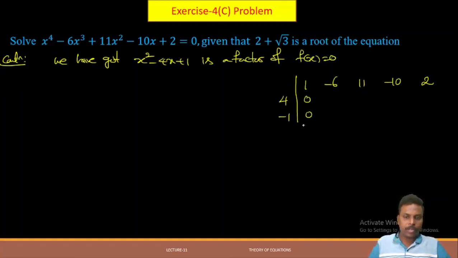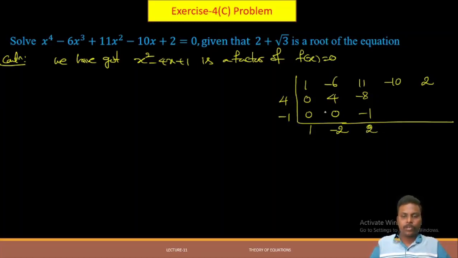So 0 and 0 here. So this becomes 1. 4 into 1 is 4 and still it is 0. So this is minus 2. 4 into minus 2 is minus 8 and minus 1 into 1 is minus 1. So this becomes 2 actually. Now 4 into 2 is 8 and minus 1 into minus 2 is 2.